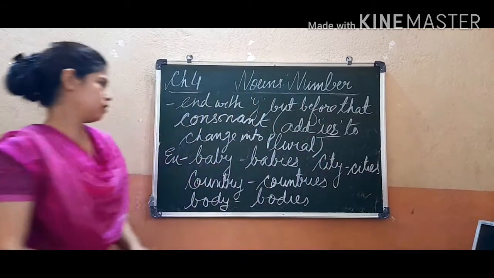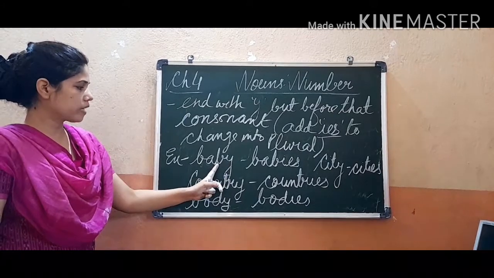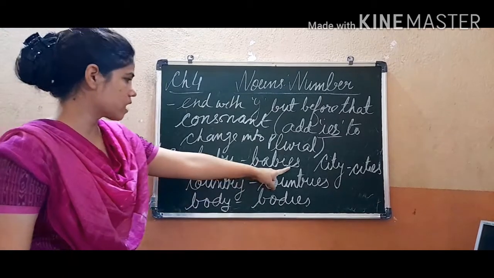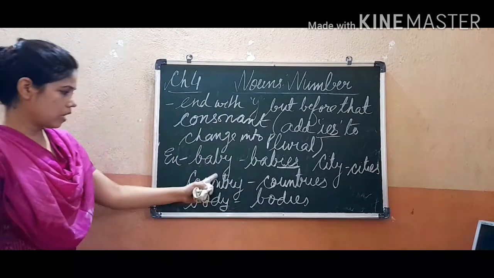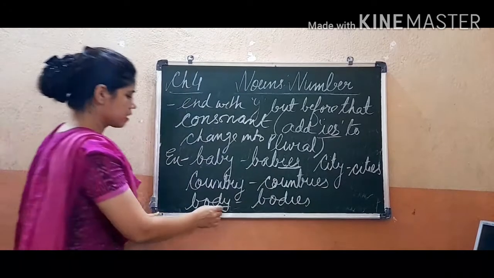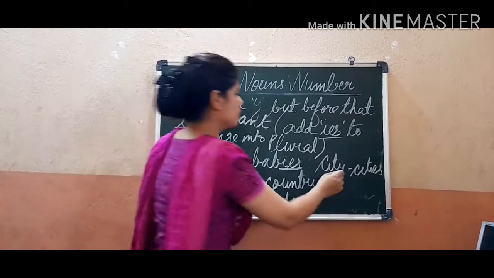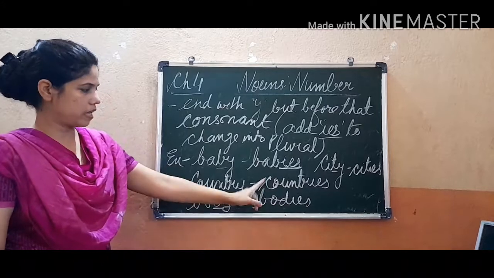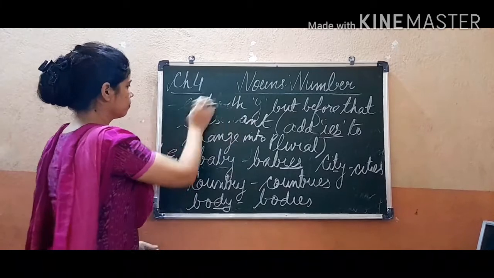So you can see here, singular noun ending with y, and before that there is a consonant letter b. It will take ies to change into plural. Again, all these nouns are ending with y, and before that there is a consonant d. B, t, these are all consonants. But when we add ies to these nouns, it takes a plural form. So this is the third rule.